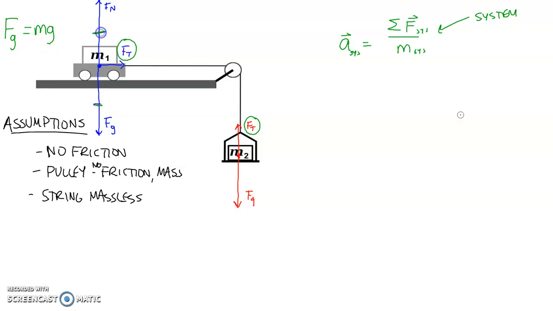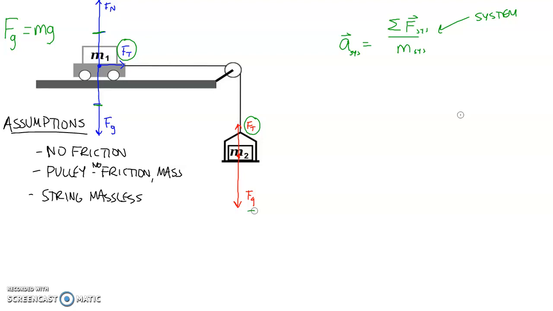And then you would know that that's equal to normal. So you would have those two forces, and you would have the Fg of the hanging mass. So then the only thing you would be missing is the tension. And the problem is we don't know what that tension is. There's no way for us to just figure that out first before we go ahead and solve for the acceleration. So instead we have to look at this problem a little differently.